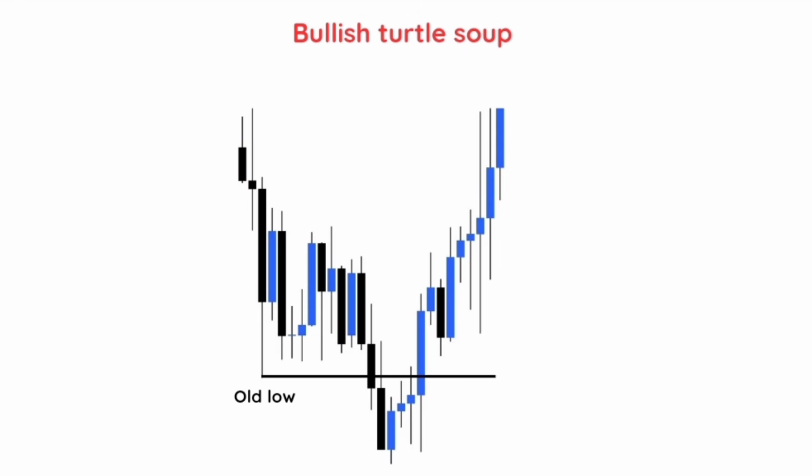And this is an example of a bullish turtle soup, and you can see clearly that after the old low got purged, the market starts moving upwards. And these are the clean and clear basics of turtle soup.